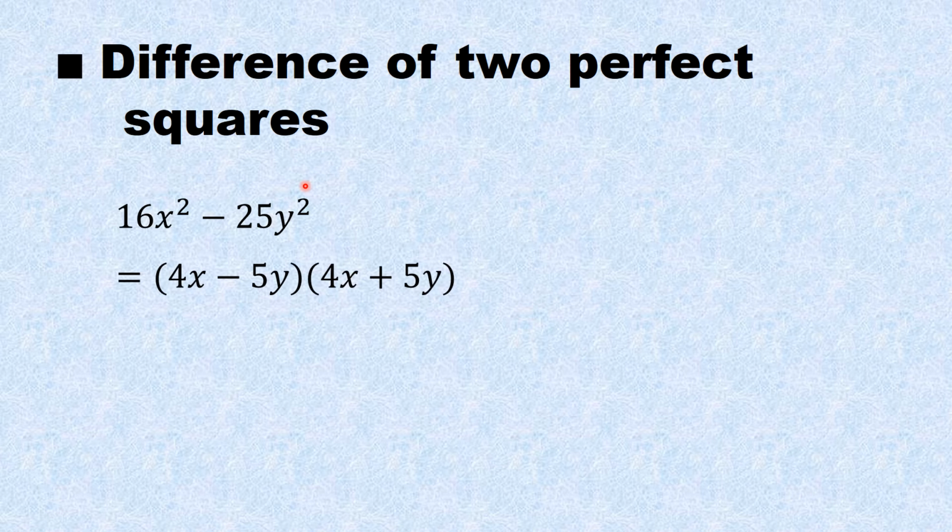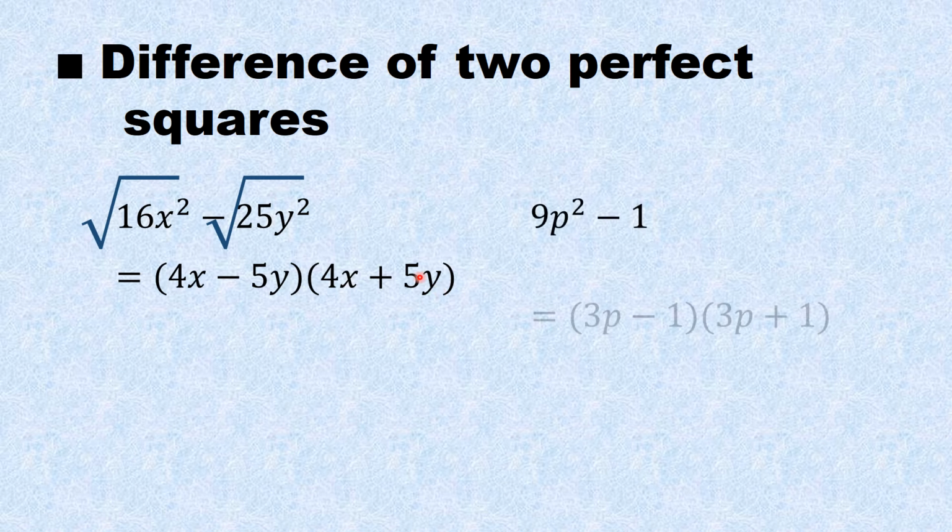So always two brackets, minus plus or plus minus, it doesn't matter, and the square root of the first term takes the first position, the square root of the second term takes the second position. Just to show you again, the square root of 16x squared is 4x, which takes up the first position, and the square root of 25y squared is 5y, which takes up the second position.